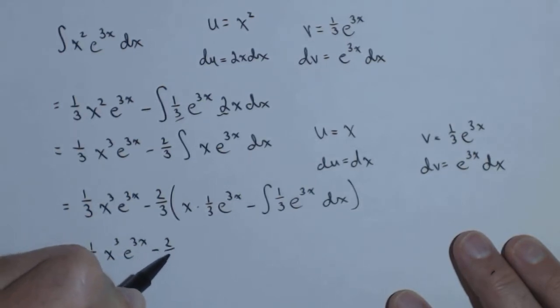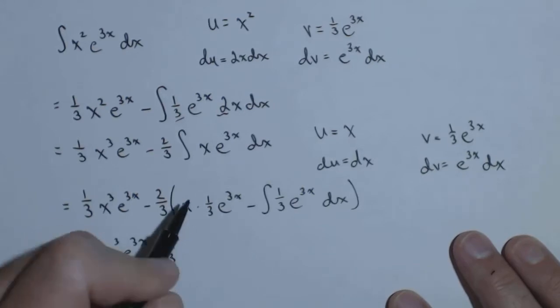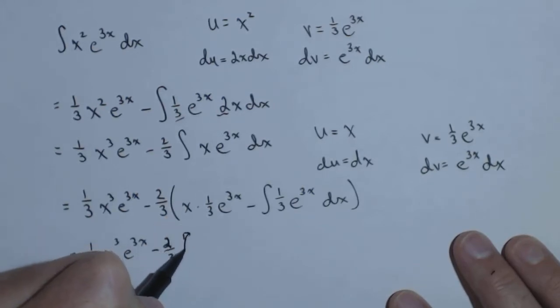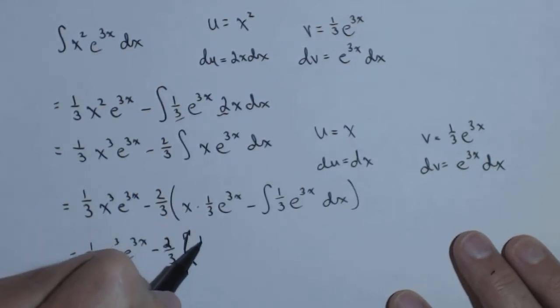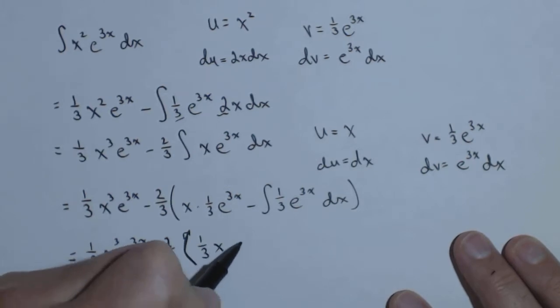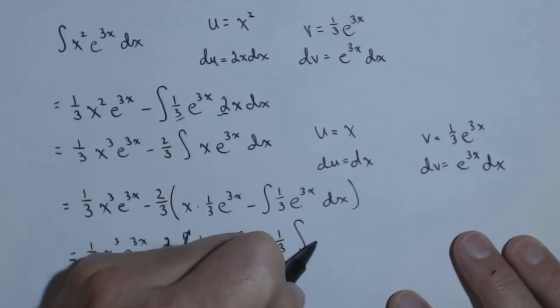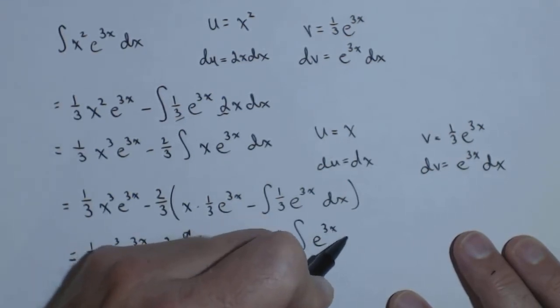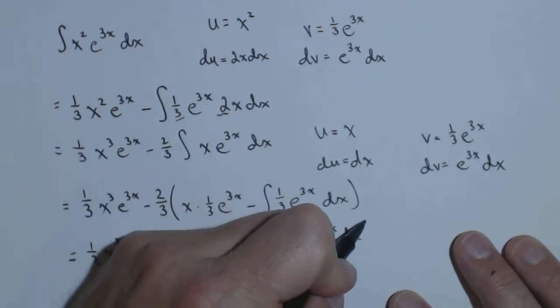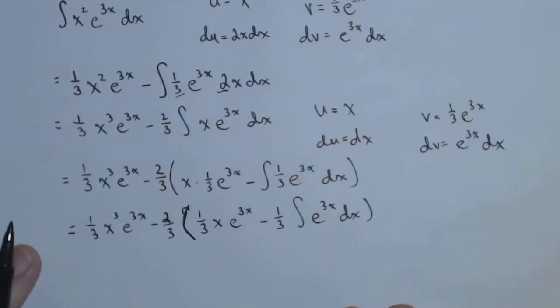We'll take care of that minus 2/3 here shortly. Now we'll open these parentheses. I've got 1/3 x e to the 3x, and again I like pulling out constants, so minus 1/3 antiderivative of e to the 3x dx, which we've actually done twice already. So we should be able to do it one more time.